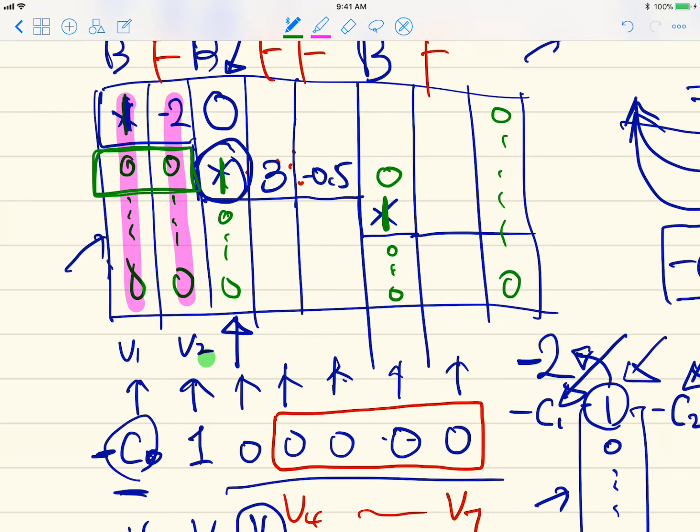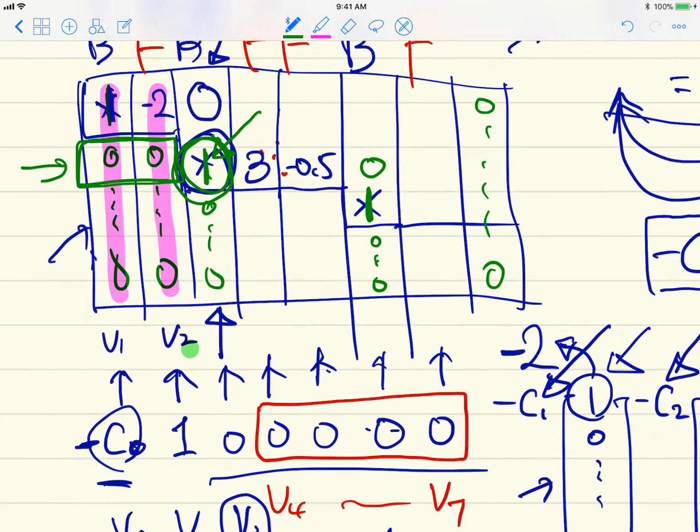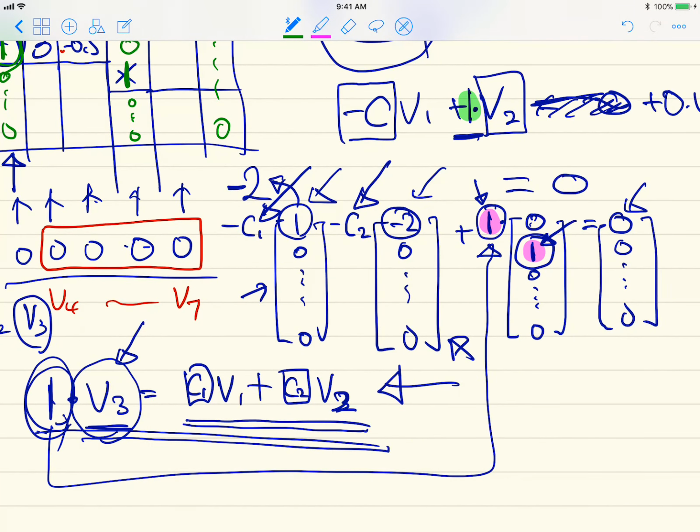Because by definition, this one is the leading entry in this row, and that means this one should be the first appearing one in that row, because that is the definition of the pivot or leading entry, right? Okay, so we have 1 here, and then we multiplied it by 1, and then we have to make it 0 by just adding some other values.